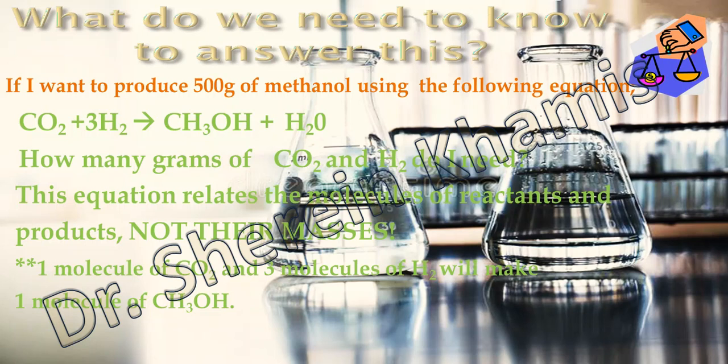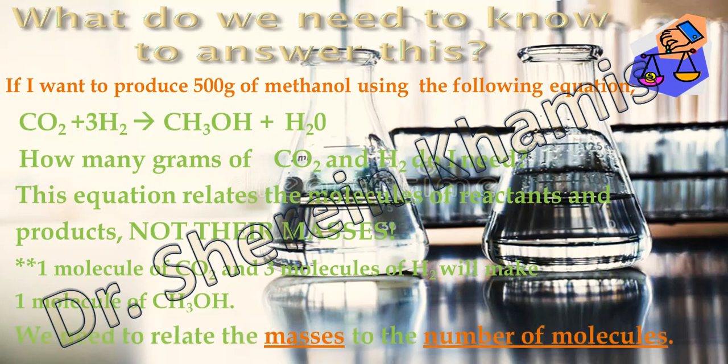1 mole means that we take 1 molecule of carbon dioxide and 3 molecules of hydrogen to make 1 molecule of methanol gas. Here we have the amount produced, 1 molecule also. So we need to relate masses to the number of molecules.